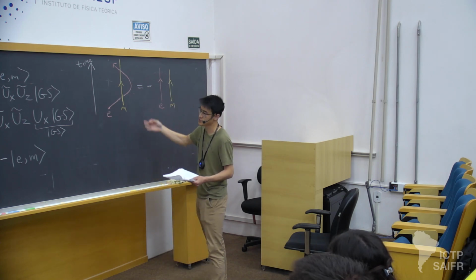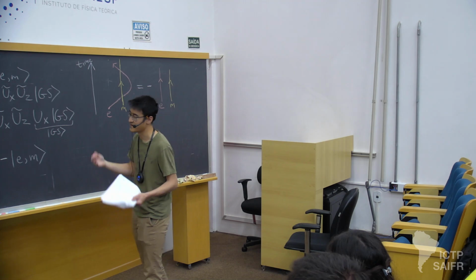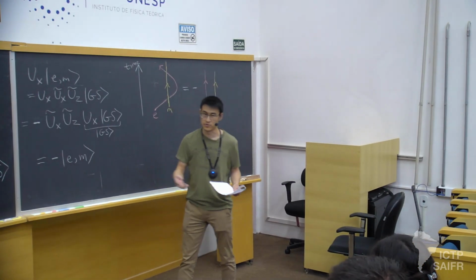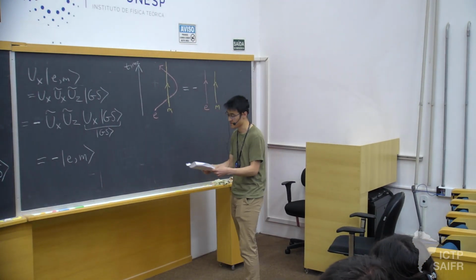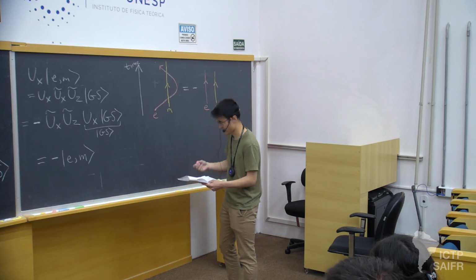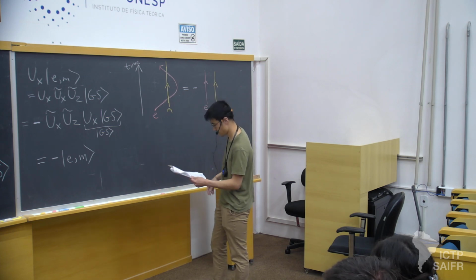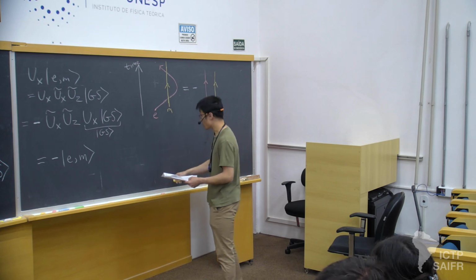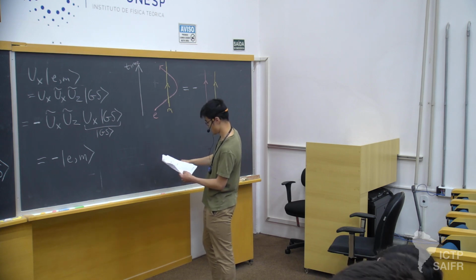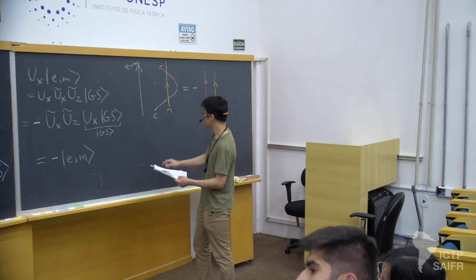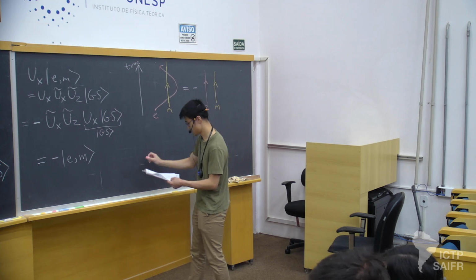So with this type of picture, now one can actually derive a lot more of the non-trivial properties of this model. So one other interesting thing to look at is the combination of E and M. Okay.